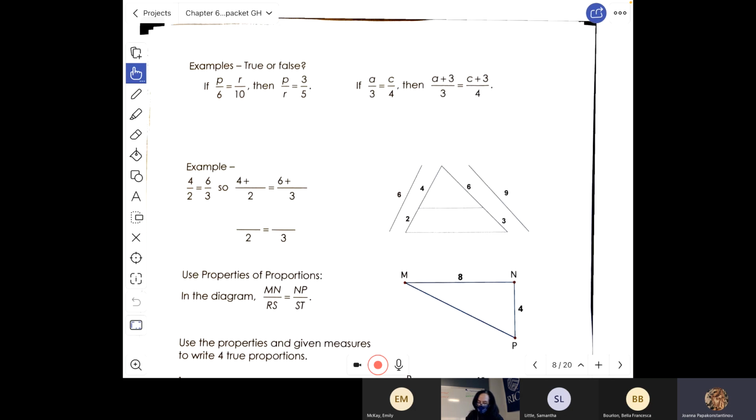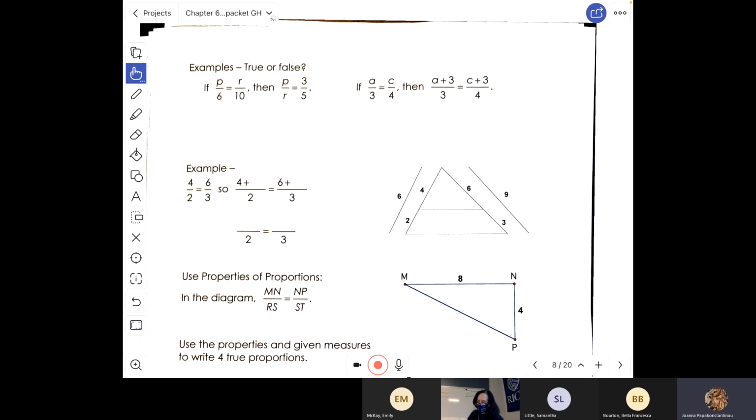Okay, so if I look at this, if I multiplied, right, is this true or is it false? Well, if I could just interchange my means here, I would get P over R equals 6/10, wouldn't I?